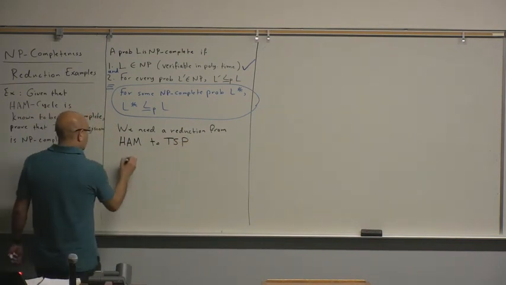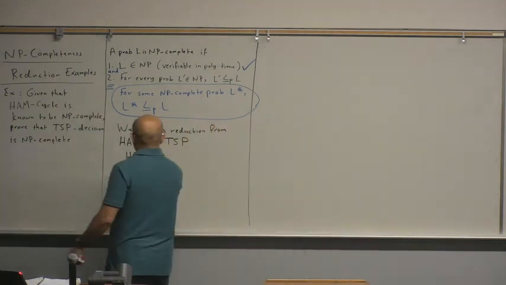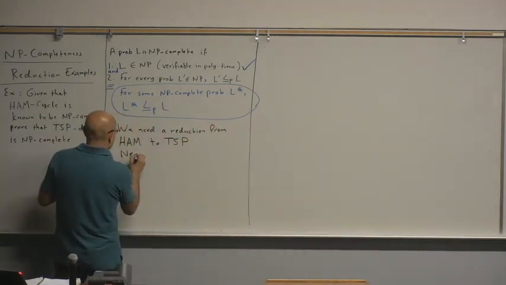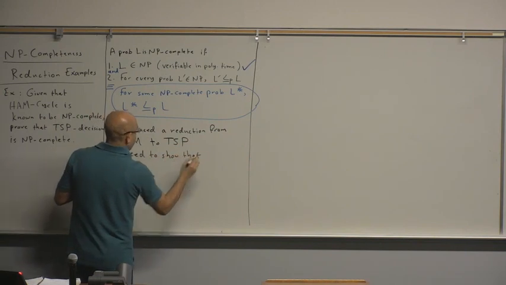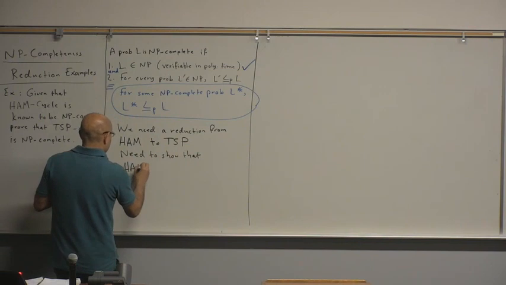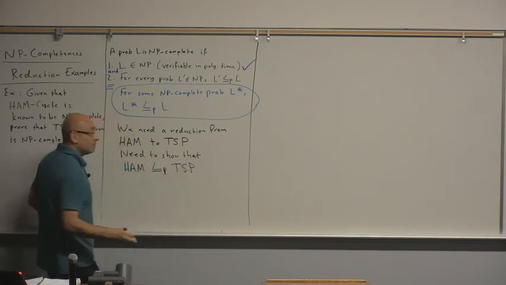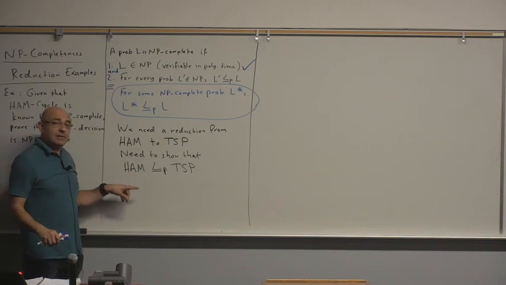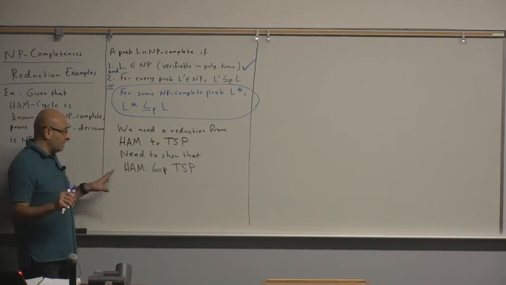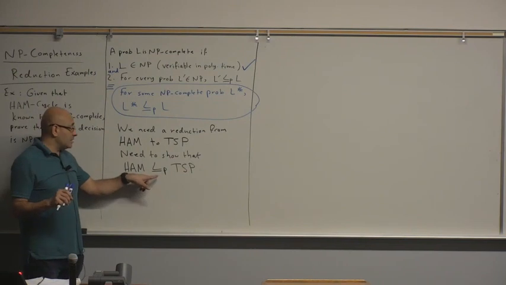So we need to show that Ham is polynomially reducible to TSP. Again, never get confused with these. There are multiple ways of interpreting this. You can easily look at the mnemonic, which is less than or equal.